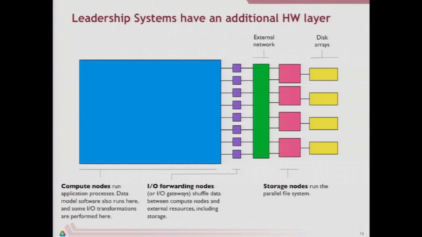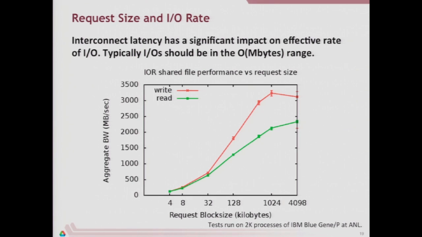To sort of give you a feel for how this latency matters, and it's not just latency, but it's a big factor. This graph just shows you moving 4 megabytes of data per node for a collection of nodes, 2K processes in this case, and moving that same amount of data with a different number of different block sizes. So here we wrote lots and lots of little requests to the storage system.